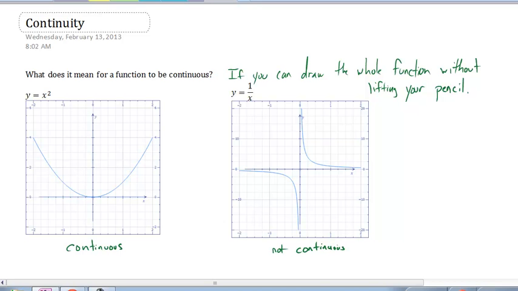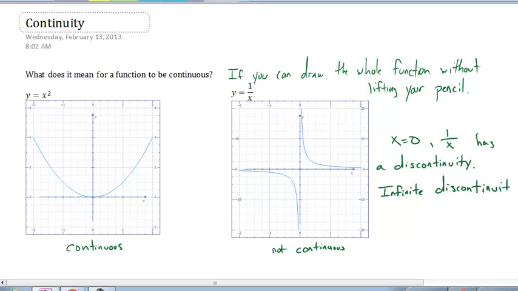In fact, the second function is continuous at every value except for 0. We say that when x equals 0, 1 over x has a discontinuity, and particularly an infinite discontinuity, because that's where the graph breaks.